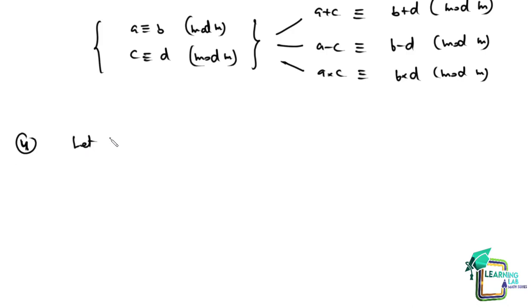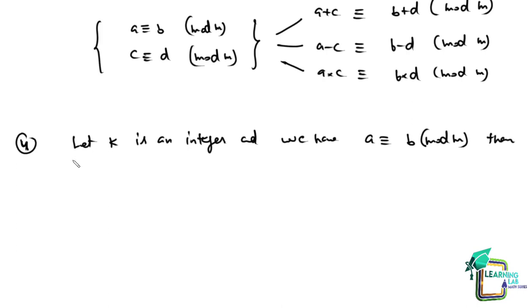Let k be an integer and we have A is congruent to B mod M, then we must have number 1, A into K is congruent to B into K mod M, right?